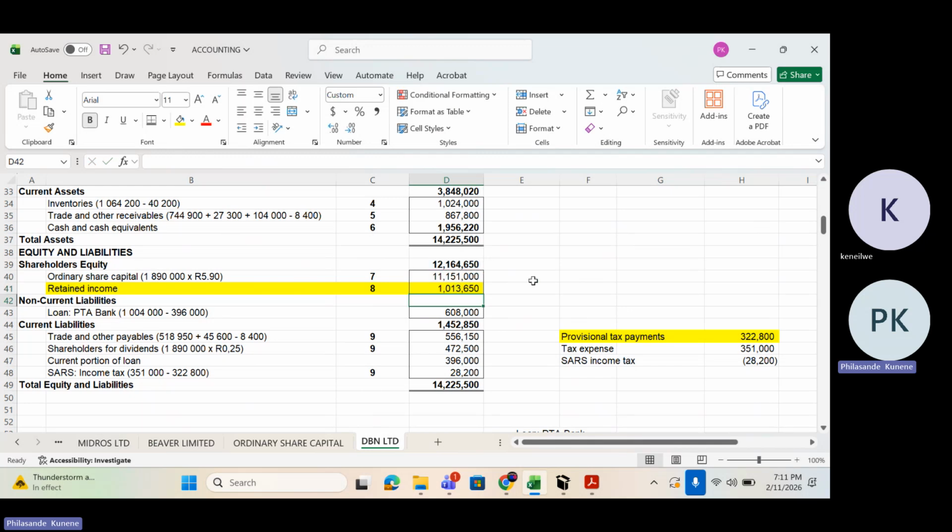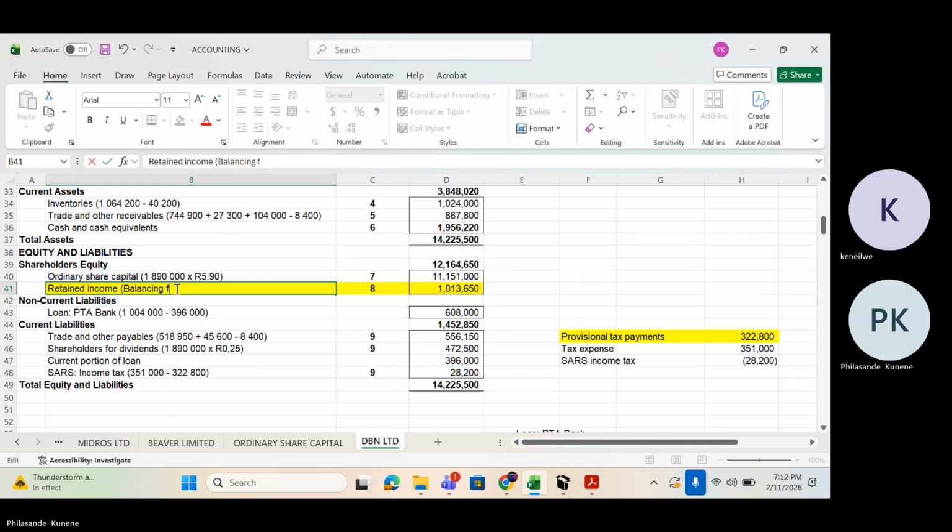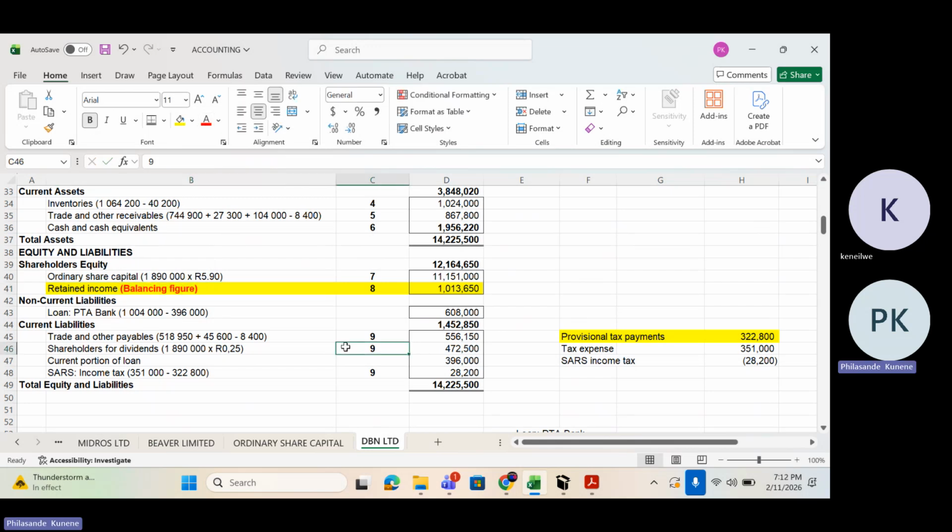Then I'm getting 1,013,650, which is definitely going to be my balancing figure, because the information that is provided for me is not sufficient for me to get the retained income.